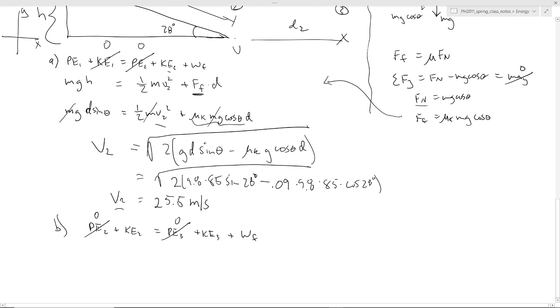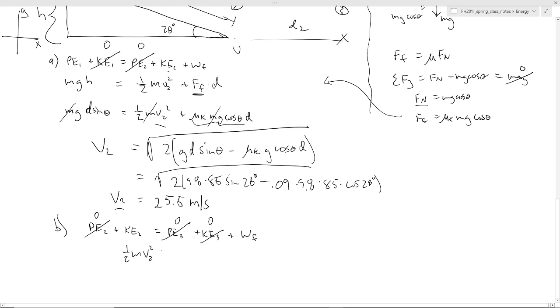But when he finally comes to a stop, there will be no kinetic energy at 3. So basically, we're just seeing how that initial kinetic energy is converted into work that's done by friction on the flat. It'll be simpler this time because it's easier to calculate the work that's done when you're not on an incline, right?